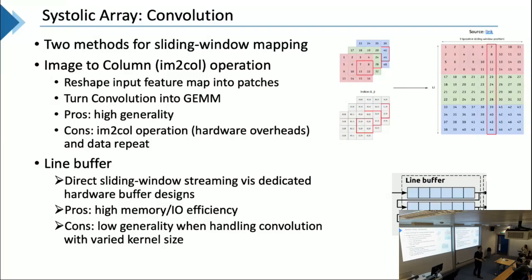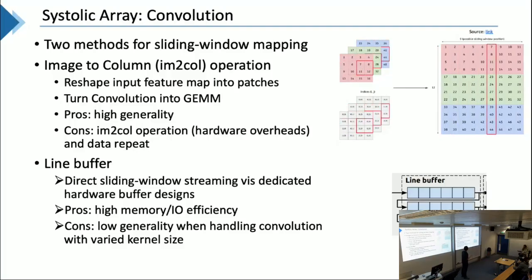And another drawback of this image to column operation is, if you design specific hardware, for example in your TPU, to perform this image to column operation to convert this 2D convolutional filters into this 2D feature map, the logic of this image to column hardware unit itself is very area consuming. If you look at the first version of Huawei's Ascend AI accelerator, they report nearly 20 to 30% of chip area was spent on this image to column operation, which is not very area efficient.